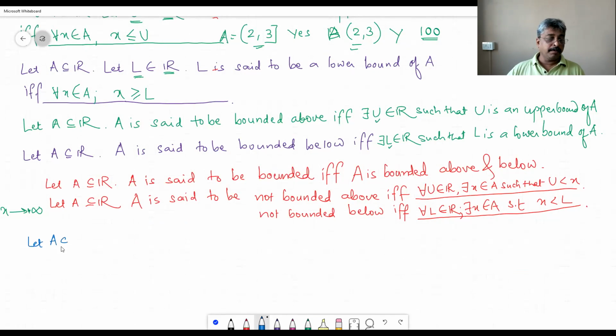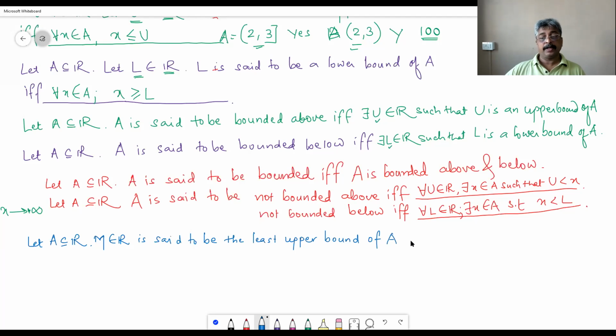Let A be a subset of R. Capital M belonging to R is said to be the least upper bound of A if and only if.